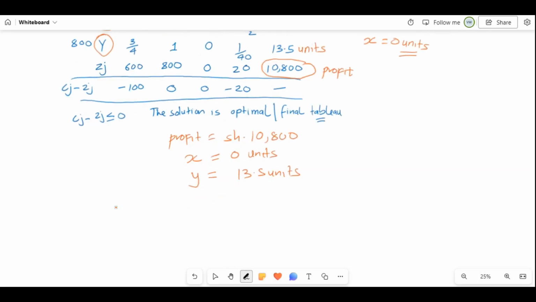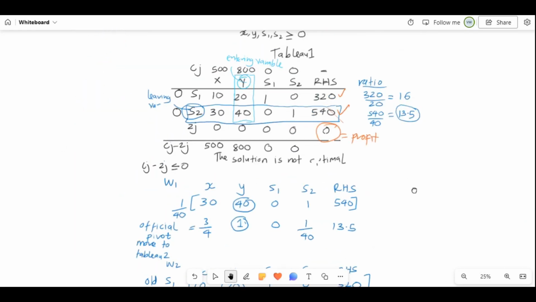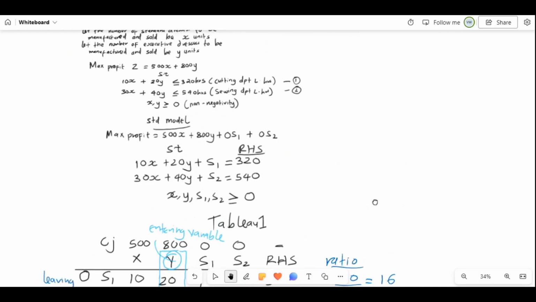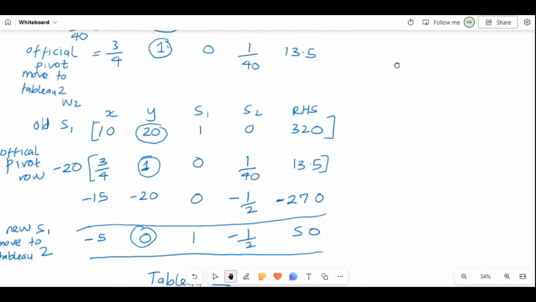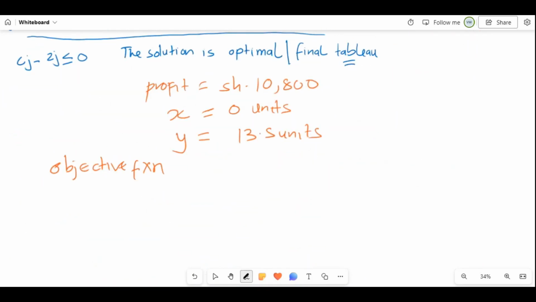Let's go back to the objective function and try and confirm this. We said that maximum profit is given by 500x plus 800y. So if that is the case, we know that x is 0.